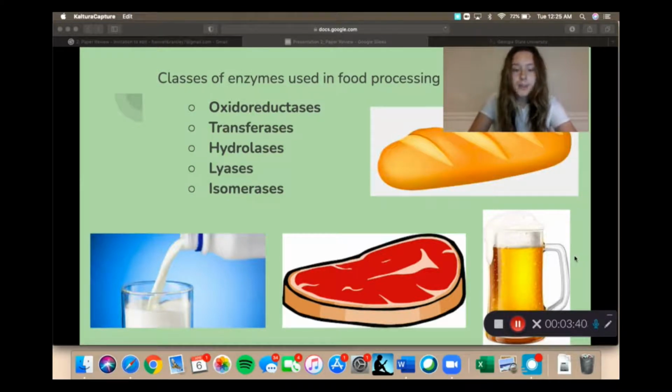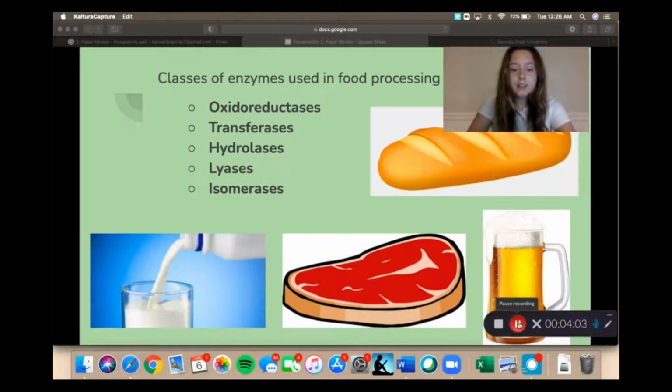Transferase enzymes include cyclodextrin glycosyltransferase, fructosyltransferase, and transglutaminase, and these function in synthesis of fructose oligomers, dough processing, and meat processing.